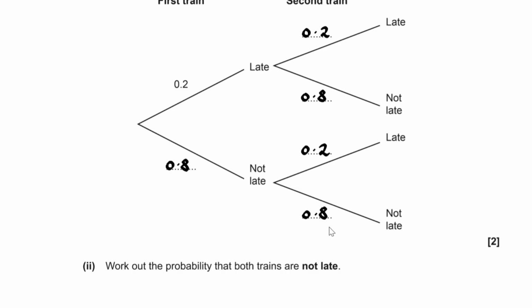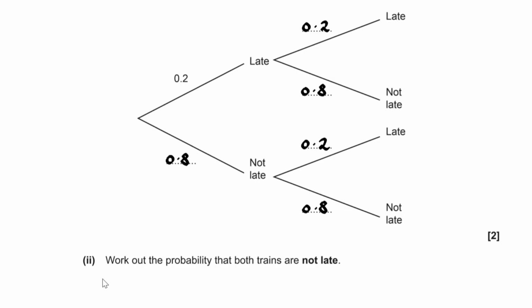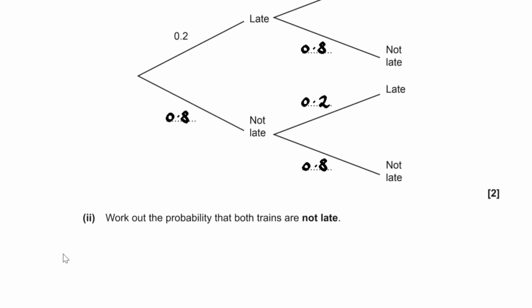For the next part, we have to work out the probability that both trains are not late. So we want not late followed by another not late. So we've got 0.8, that's the first train not being late, times 0.8, that's the second train not being late.